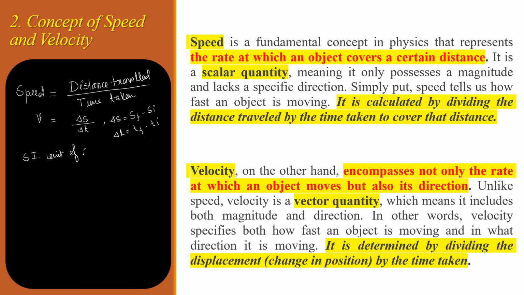of speed is meter per second, and the CGS unit of speed is centimeter per second.